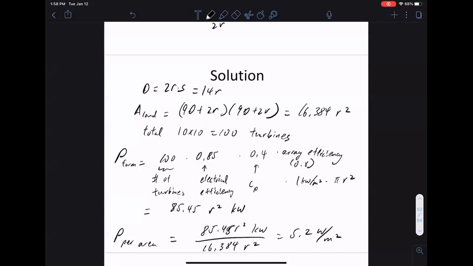Okay. Any questions on this? Quick question about the calculation. Wouldn't it be 5.2 kilowatts? Did I divide correctly? 5 watts, right? So this is 58.45.